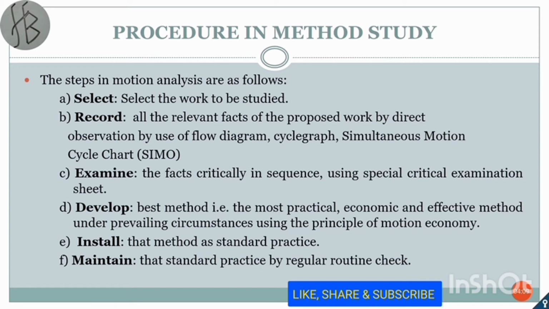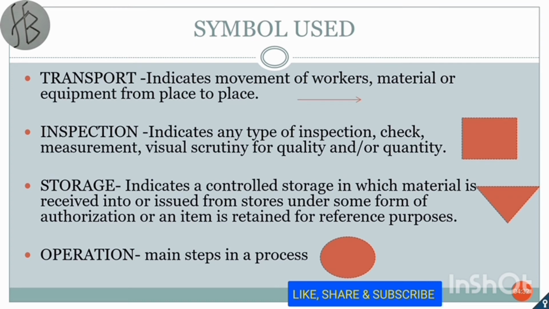So, here the important steps are to select the job, record the relevant facts, critically examine the sequence, develop the new method by evaluating cost, time, feasibility, then install the new method and maintain that method by doing the regular routine check. Now, we will discuss the different symbols that are used in method study.